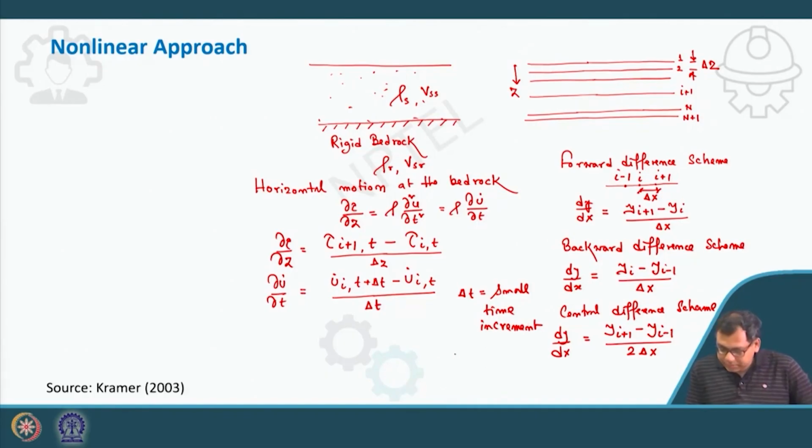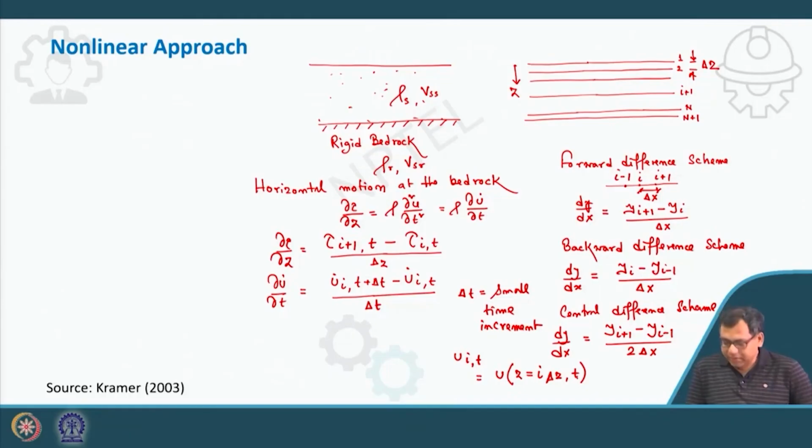So, here u I t means u at z equal to I into del z, for that particular time t.